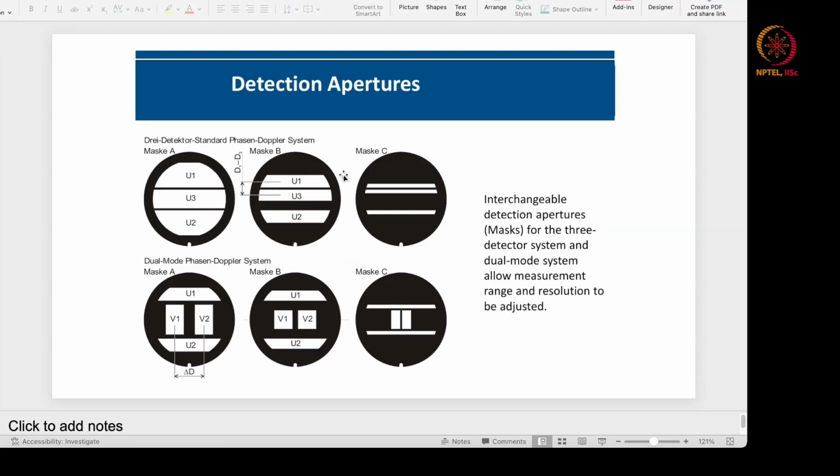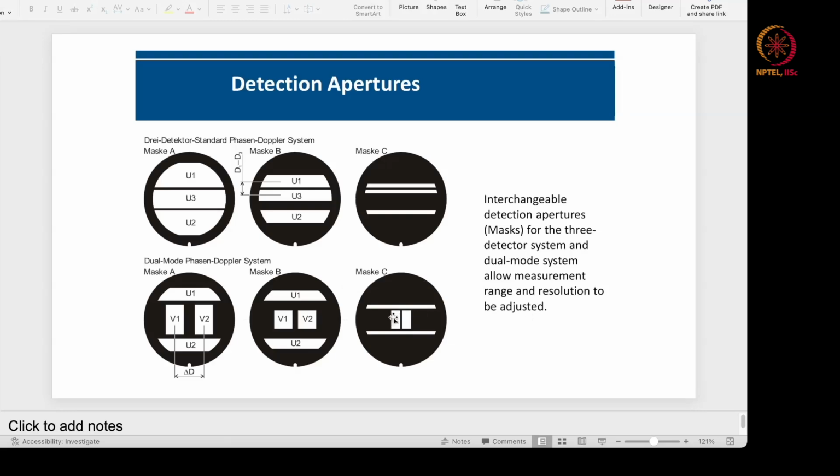This is mask A, mask B, and so on. So all these different types are for dual mode. This is written in German, but these are masks. The interchangeable detection masks for the 3 detector and dual mode system allow you to change the measurement range and resolution.